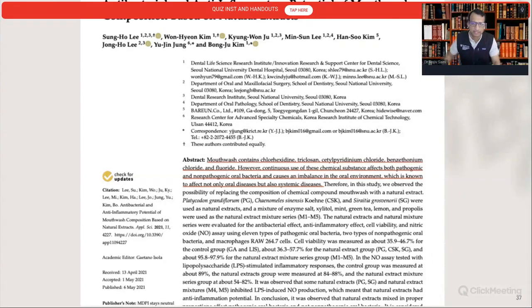Another study mentioned that the oral microbial environment always gets affected when you have synthetic based antimicrobial mouthwashes and oral care products.